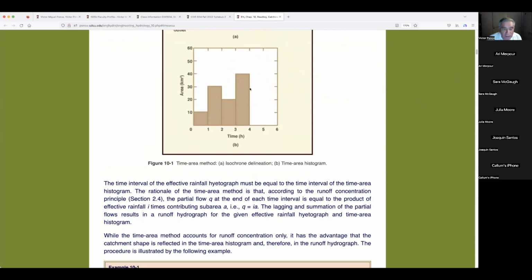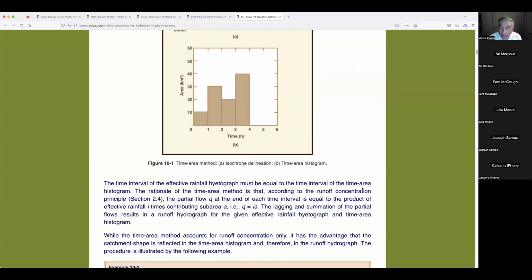So once we have the time-area histogram, we say in here the time interval of the effective rainfall hydrograph must be equal to the time interval, because we're going to kind of convolute. Convolution is a procedure that is properly and well defined in mathematics. And I believe we're going to do convolution here. We may not call it convolution, but it is convolution.